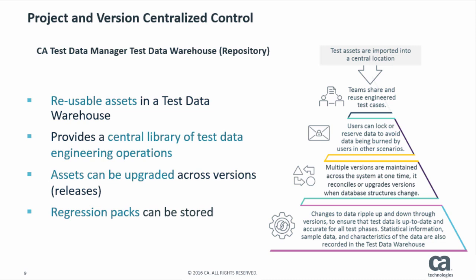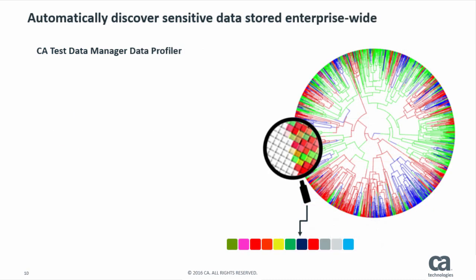So that's taken a look at the underlying infrastructure and the benefits of having a centralized piece of software and a repository. Now let's look at each of the individual test data engineering operations that you may need. The first we mentioned is automatically discovering sensitive content or profiling the existing data that you have.